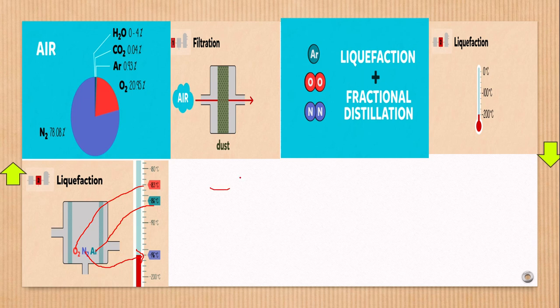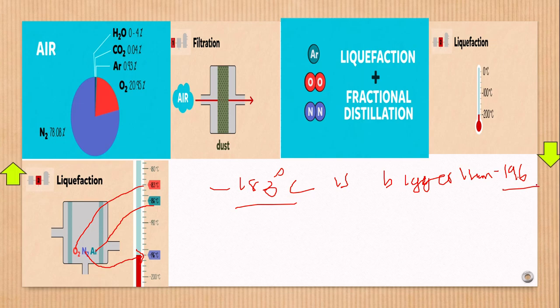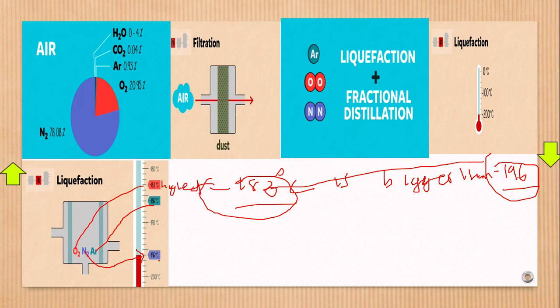By the way, negative 183 degrees Celsius is bigger than negative 196 degrees. Please, in the negatives, the smaller the number, the bigger it is. So this negative 183 degrees is bigger than negative 196. So it means that this one here is at highest temperature, and this one is at lowest temperature.